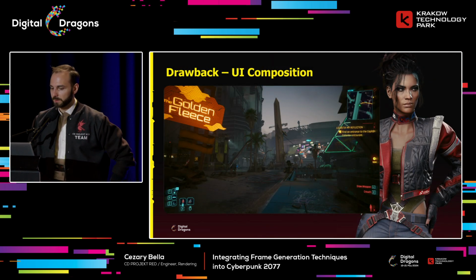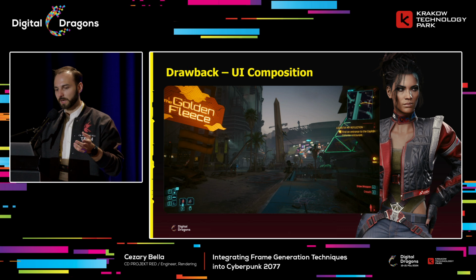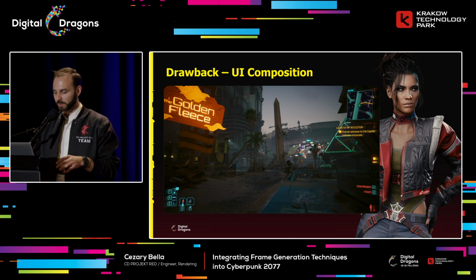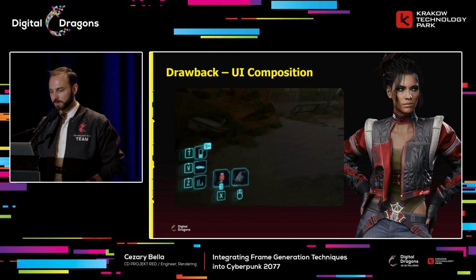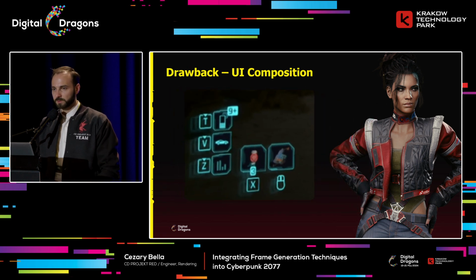Then the second thing is the UI composition, and it sounds trivial, but it might not be, because I saw some games not doing it properly and having some artifacts under the UI. Of course, I didn't have that, but as you can see, UI sometimes is really complicated.